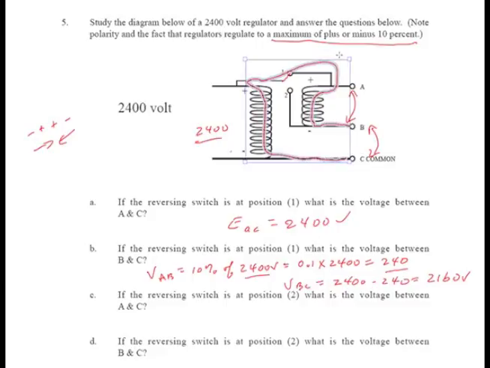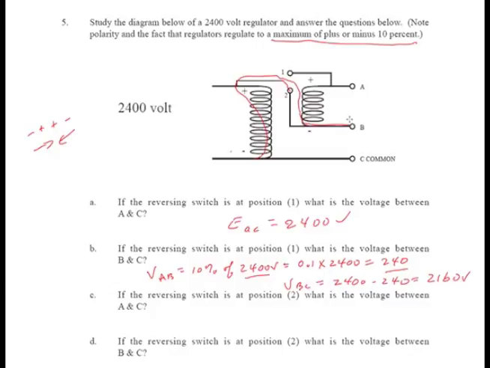Okay, let's get rid of all this stuff here. We need to get rid of that switch. We're saying this is on position 2 now. So now when it's in position 2, the voltage between A and C is going to be through here, and down through this coil.